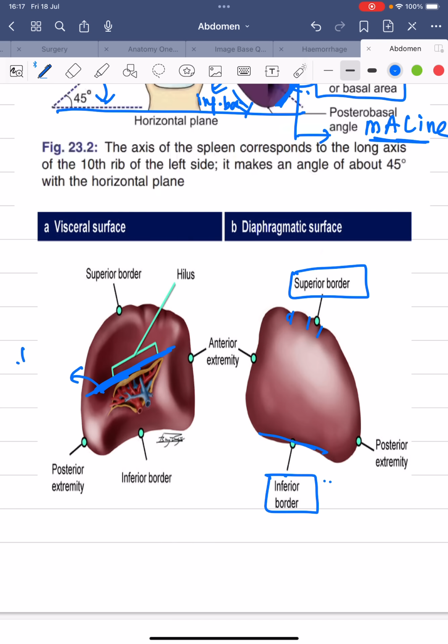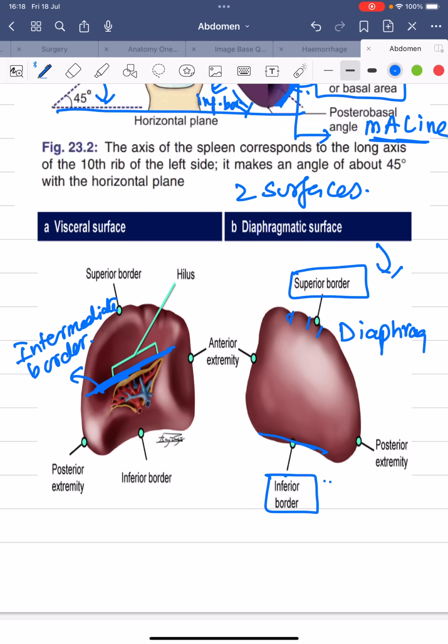It also has two surfaces. One is in relation to the diaphragm, as you can see in this diagram. It is known as the diaphragmatic surface, which is smooth and convex.